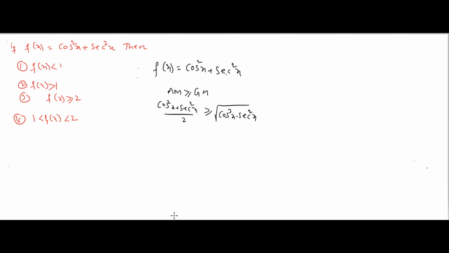That value is 1, so (cos square x plus secant square x) by 2 is greater than or equal to root 1, that is 1. So cos square x plus secant square x is always greater than or equal to 2, that is f of x greater than or equal to 2. Third option is the correct answer.